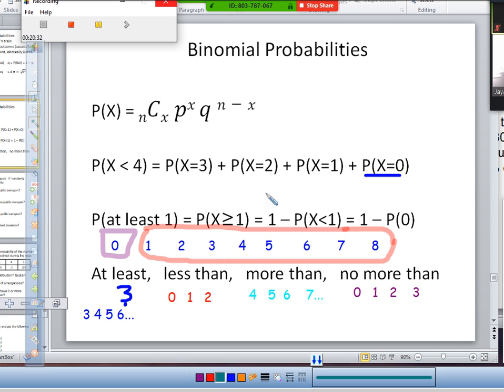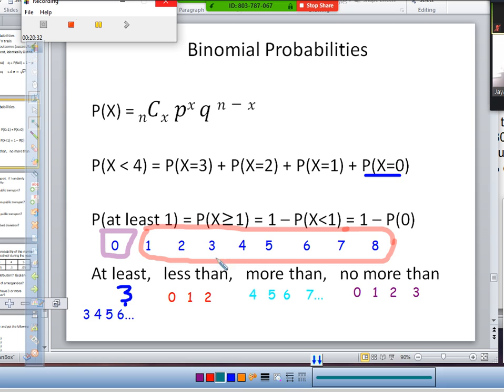I also might ask you to find the probability of at least 1. And remember, the probability of at least 1 is 1 minus the probability of 0. Say I have eight possible attempts. I could have 0, 1, 2, 3, 4, 5, 6, 7, or 8 successes.